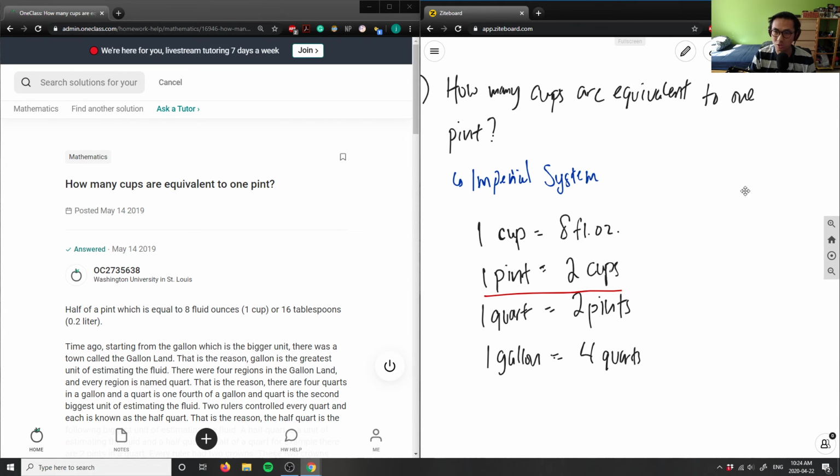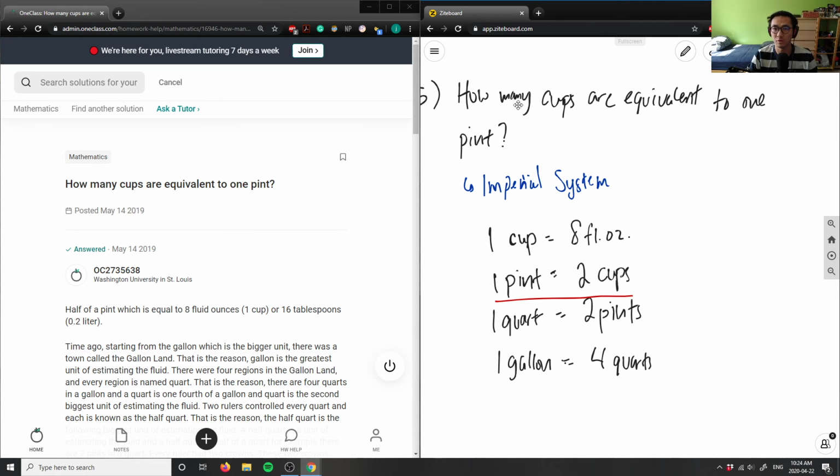Your solution here is correct. I have my solution here: 1 pint equals 2 cups. I don't have to do any math, because it's by inspection. I know this measurement from before. So the solution is 1 pint equals 2 cups. We're good.